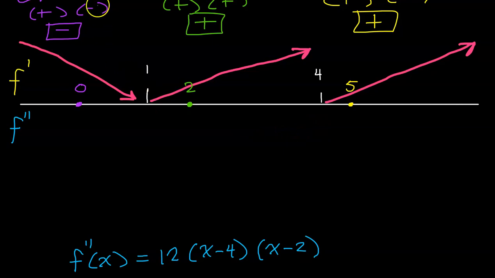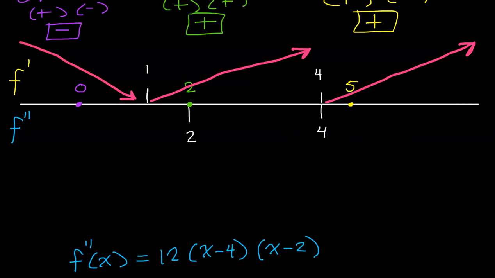So the two numbers that we just found for potential points of inflection were 2 and 4. So I'm going to go ahead and put a white line here at 2 and at 4 to show that these are the numbers that are creating the intervals that we must test.